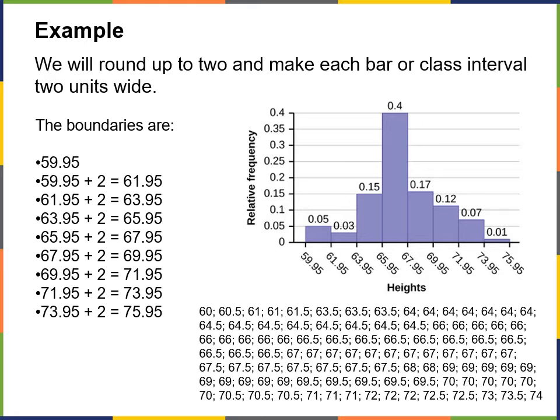We're going to say 61.95 should be the next boundary. Then I'm going to add 2 to that, 63.95 would be the next one. Add 2 to that, 65.95, etc. And if you look, those are the boundaries for the first bar, and then the second bar, and then the third bar.